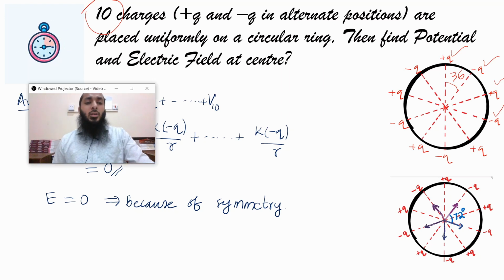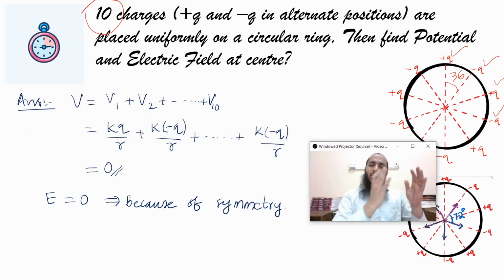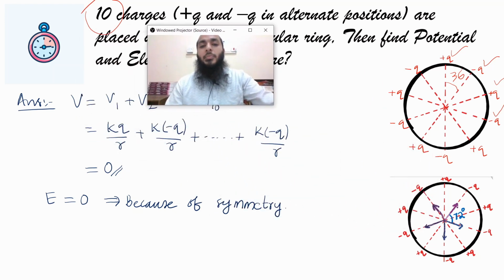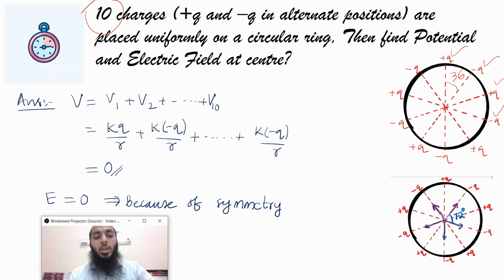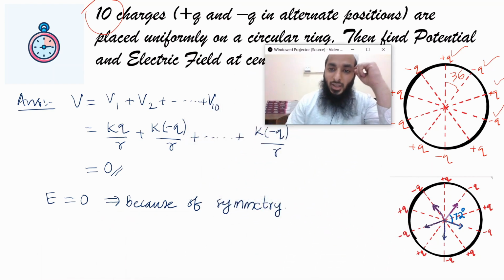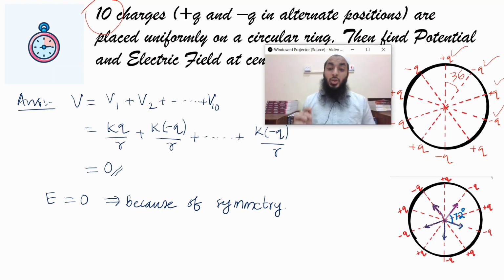Now potential, you have to compare the potential. The options were like V is equal to 0, E is not equal to 0; V equal to 0, E equal to 0; E equal to 0, V not equal to 0, and that kind of thing. Anyway, we just find V and E. Potential is the sum of all this, and electric potential is a scalar quantity.